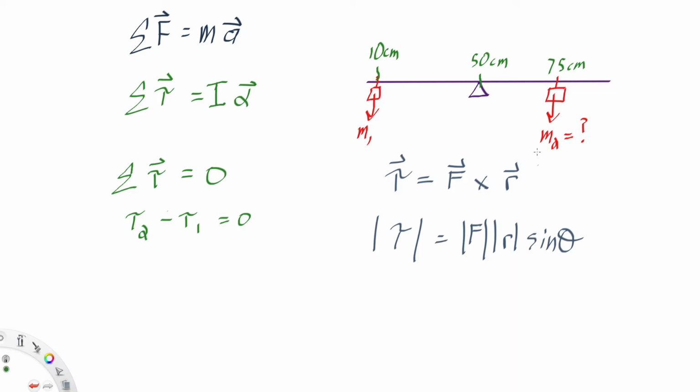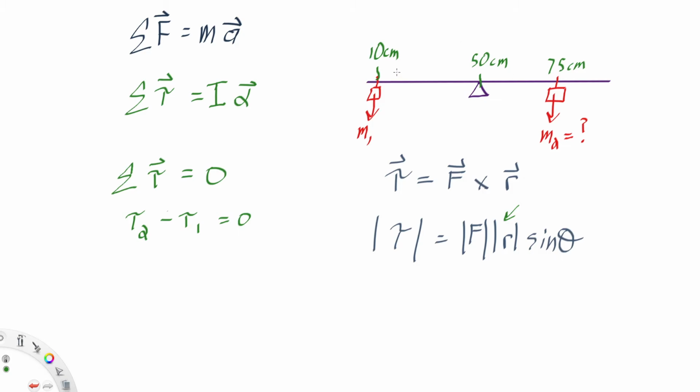So in this case, the meter stick is free to rotate about its center, about the 50 centimeter mark, right? That's where the pivot's at, so that's where it's going to rotate around. Presumably, that's also where its center of mass is at, which is why the mass of the ruler does not cause it to rotate, because the mass of the ruler is at a distance of 0 from the axis of rotation.